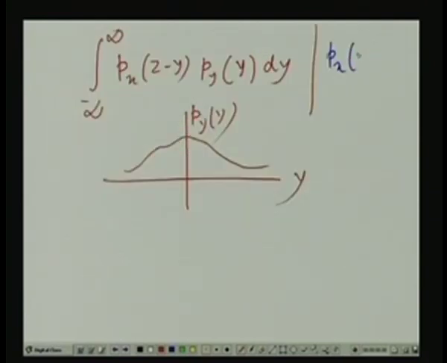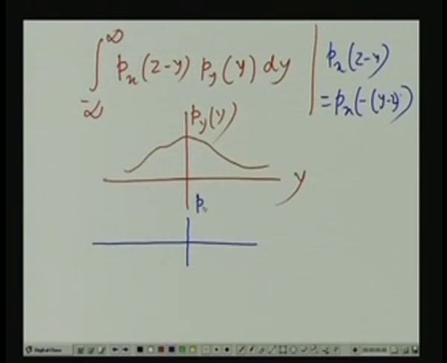P(x, z minus y), you can write it as P(x minus of y minus z). So, first plot this function P(x minus y). You can even give it a name, say P1(y).